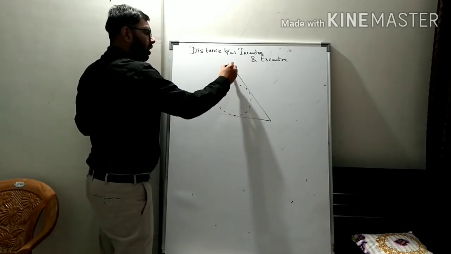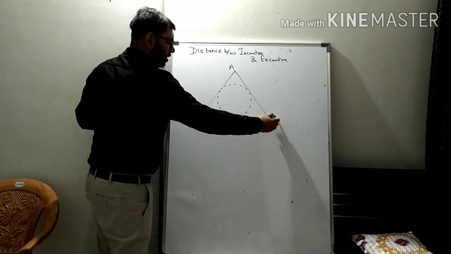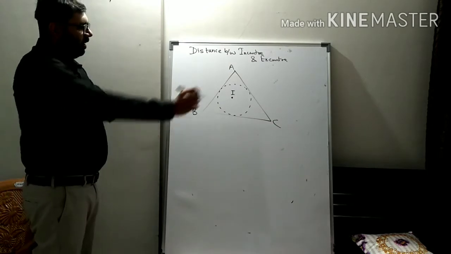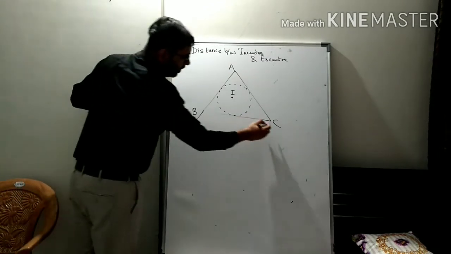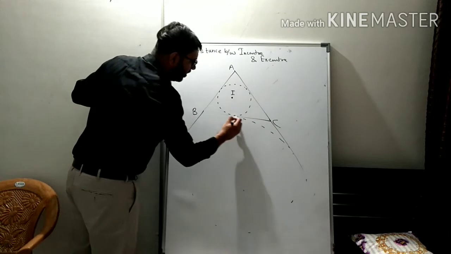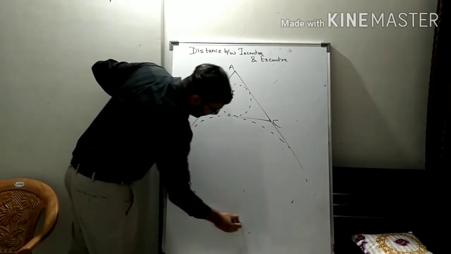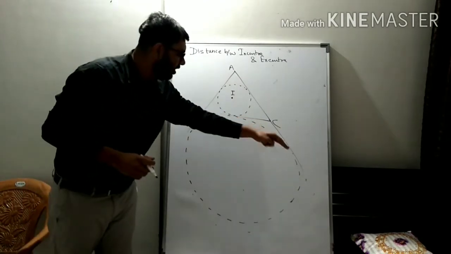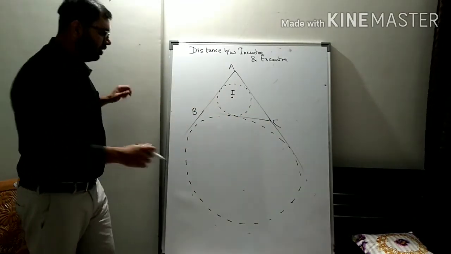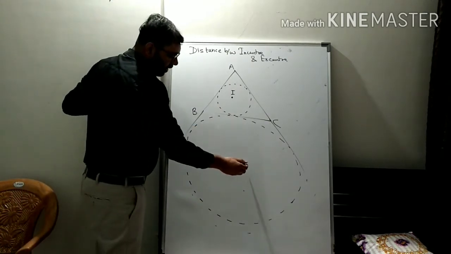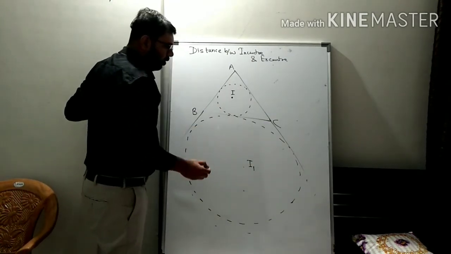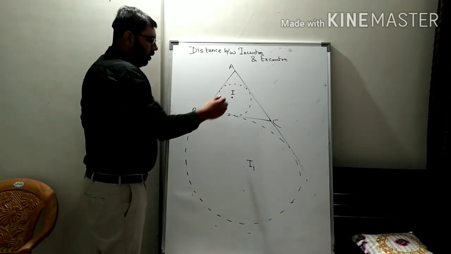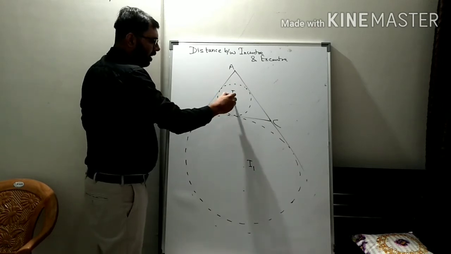If I draw a circle inside the triangle touching the three sides, the center of that will be I. And if I extend these two sides and draw a circle touching the two sides after extending, and this side already, this will be the excircle, and the center for this circle will be I1. Here I am interested in finding the distance between I and I1.